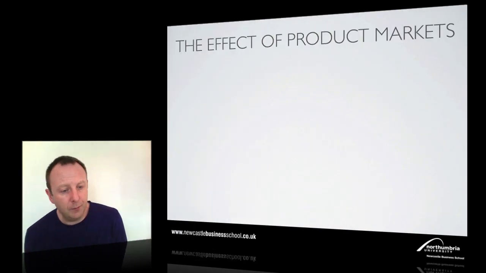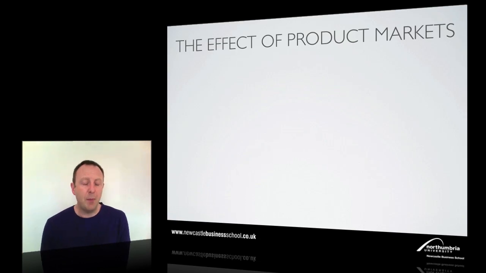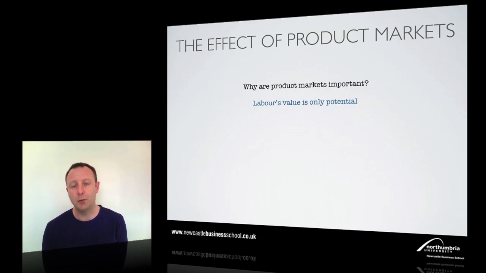So if we leave labour markets in themselves to one side for now, the second set of factors that organisations will need to be aware of in terms of how they interact with those labour markets is the effect of product markets.